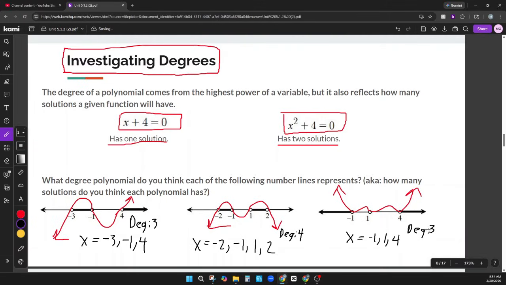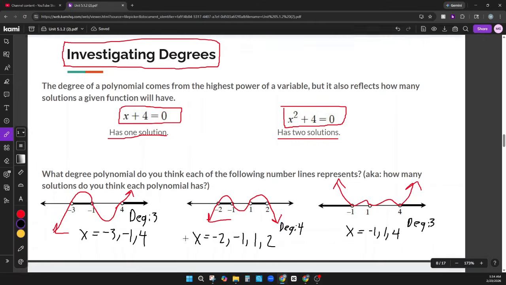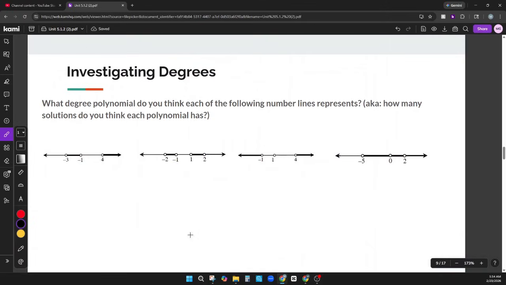They're based off the different x-intercepts that we have, and those are indicators about how many solutions our problem is going to have. So using that information, we had degree 3, degree 4, degree 3, and if we actually include our first example, we also have a degree 3 here. So sketching the graphs one more time.